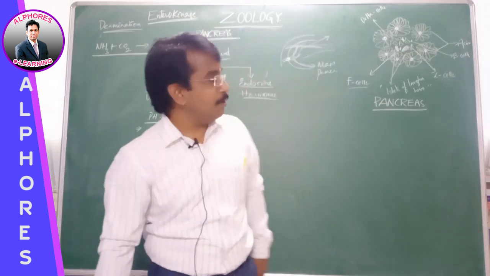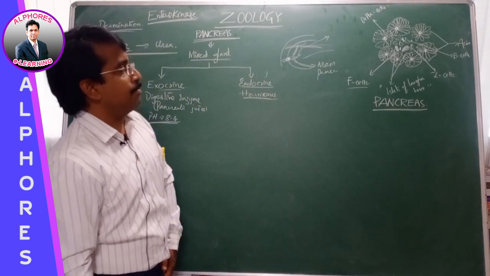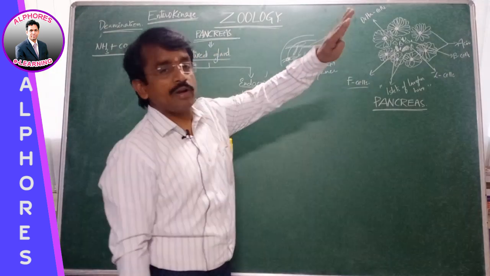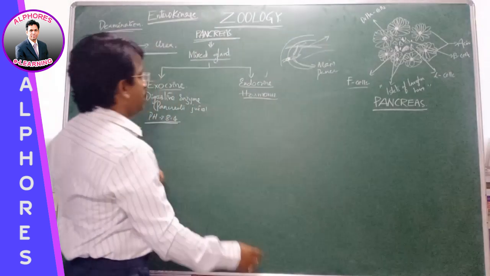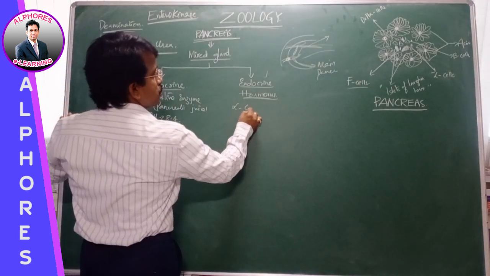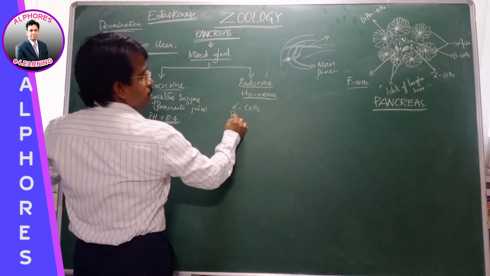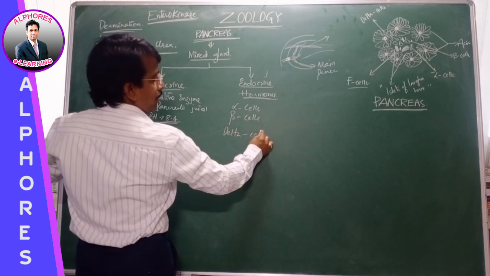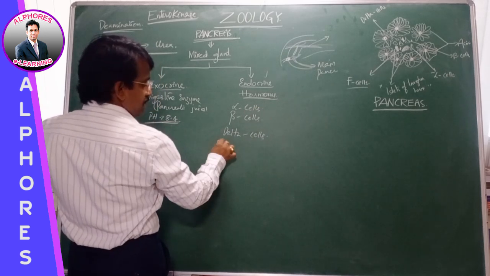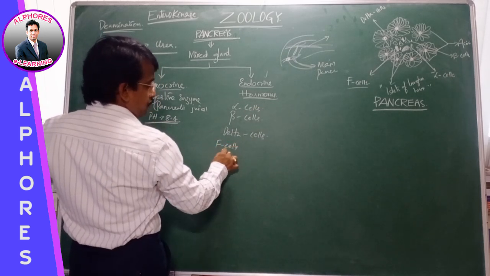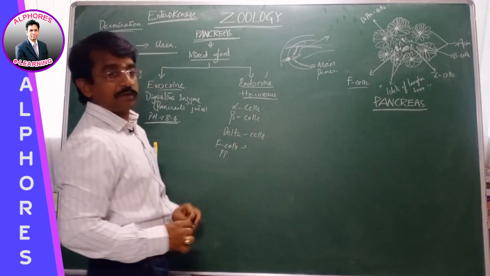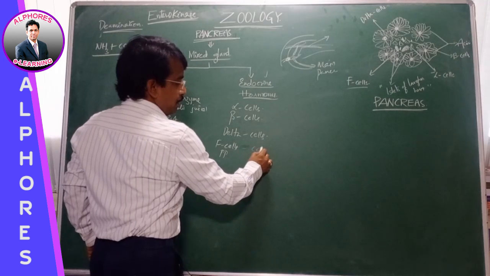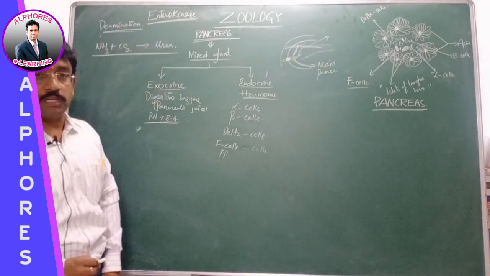The endocrine part, the islets of Langerhans, contains 4 kinds of cells. That is the alpha cells, beta cells, delta cells and the F cells or the pancreatic polypeptide cells. 4 types of cells.